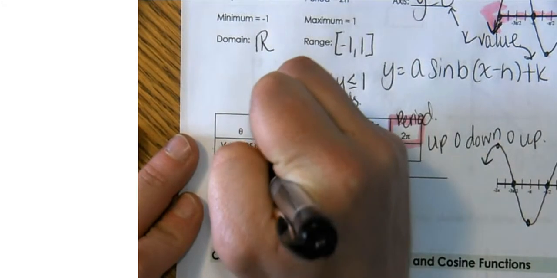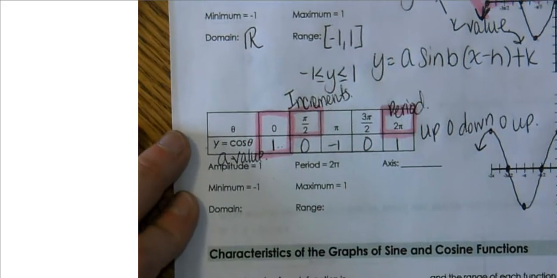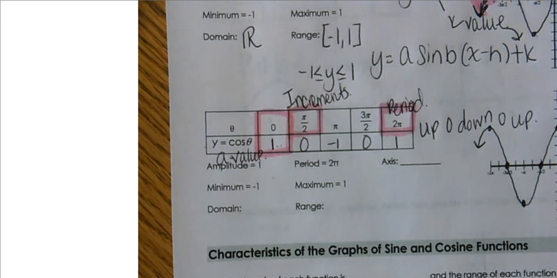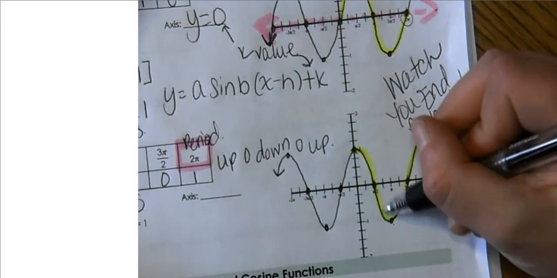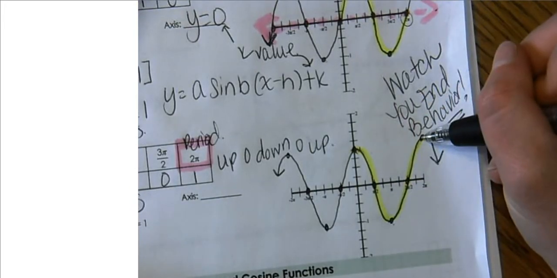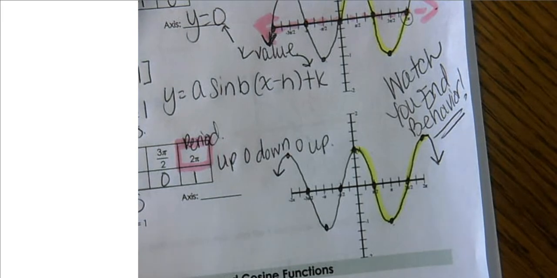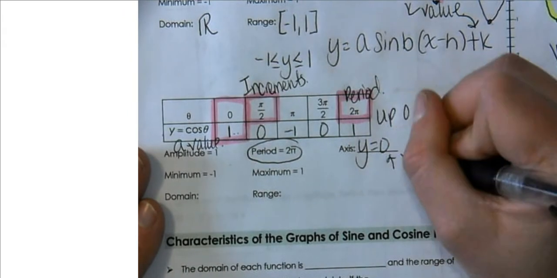The amplitude is still going to be your a value. It is the absolute value of your a value, and it represents half the difference between your maximum and your minimum. Your period still represents how long it takes to go through one cycle of cosine. Your axis is still going to be located at y equals 0, and it's still based on the k value.